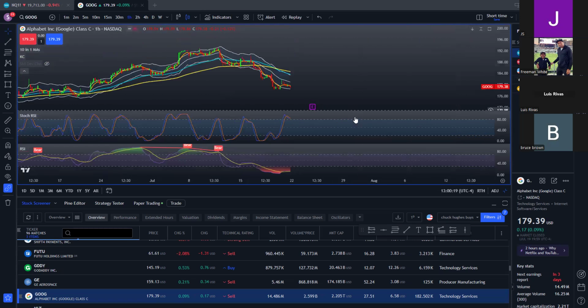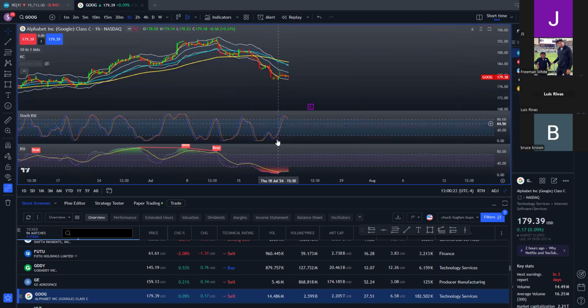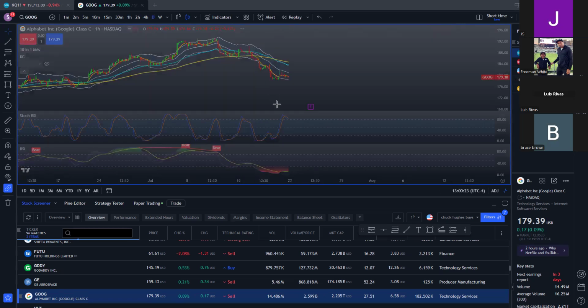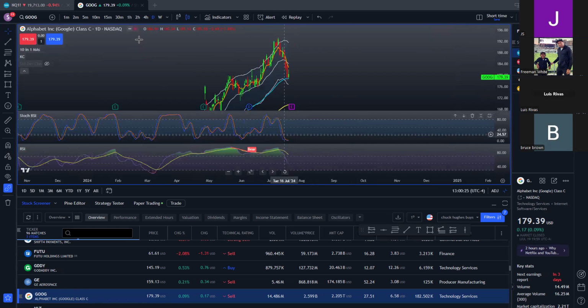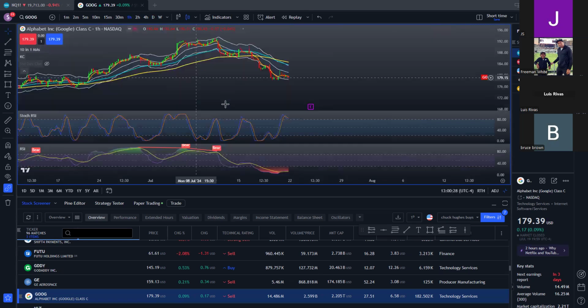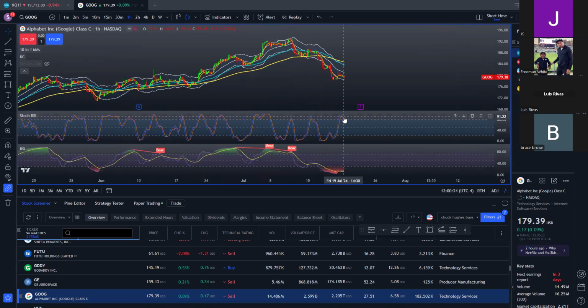Look, this is Google, right? On the daily, we're oversold on the stochastic. But when you go down to the hourly, look at the RSI. Even though it says overbought here, that RSI is super oversold. I'm just going to be waiting.